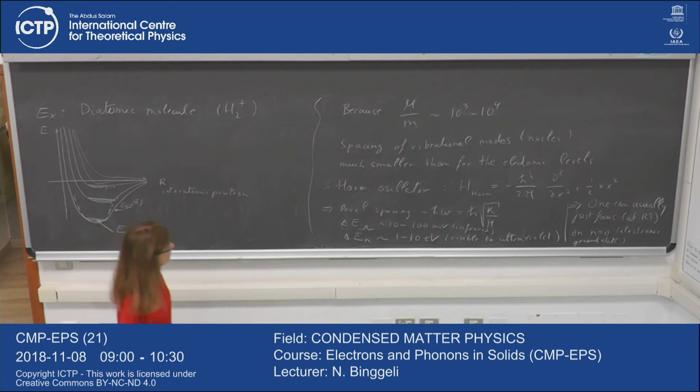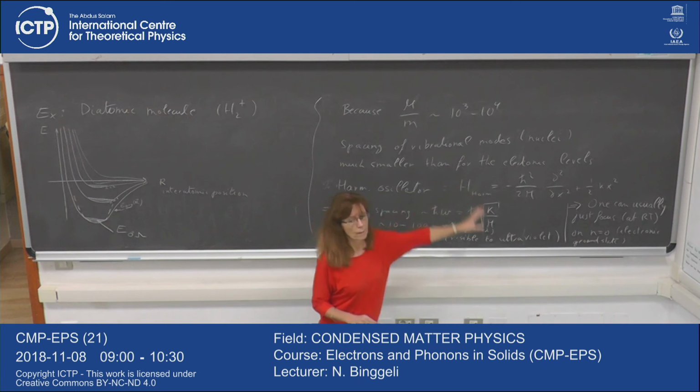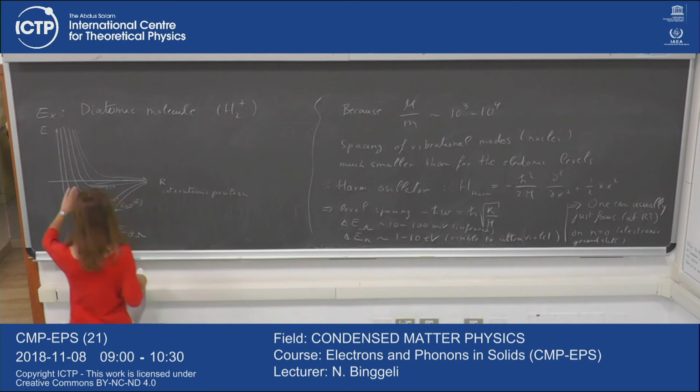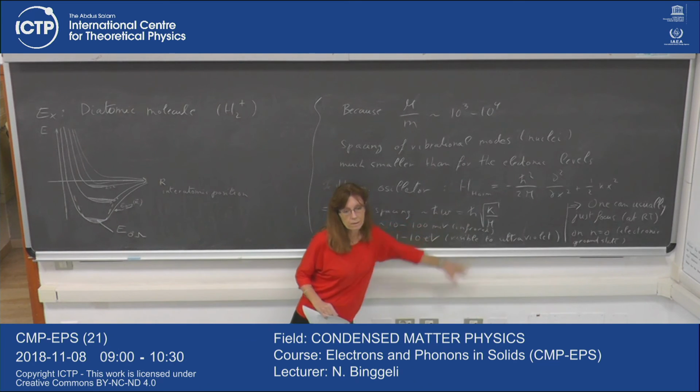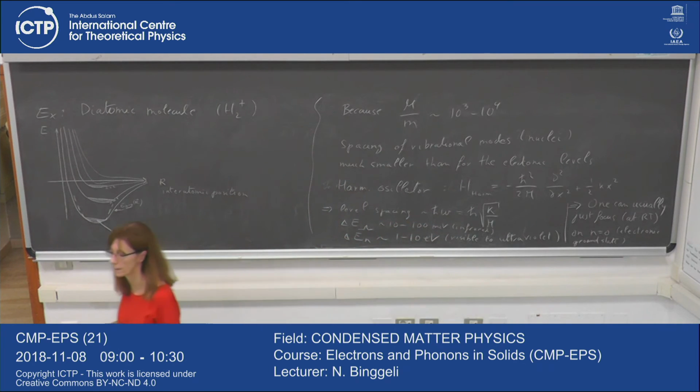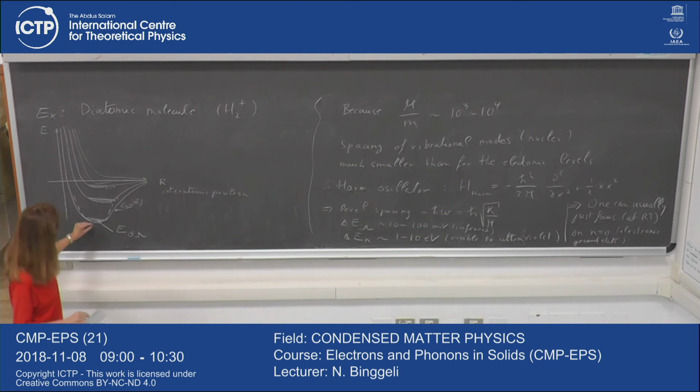This can be seen by just considering that here we have a parabola, and we know what the eigenvalues are. Mathematically they scale like this, so if you have a huge mass, you are going to have an extremely small spacing.